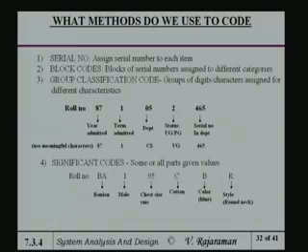Now, let us look at methods of coding. Okay, so serial number code is the simplest. What I mean by serial number code is, as and when a student joins, I give the next serial number to that student. If I got 358 as the last roll number, when a new student joins, I put 359.